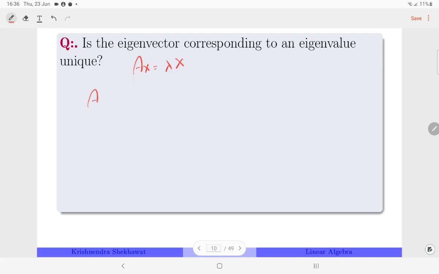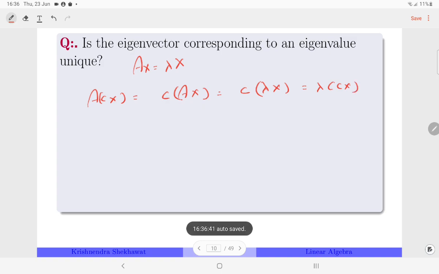Now if c is any real number, then you can see that A times cx is the same as c times Ax, because it's a scalar, it can come out, and Ax is lambda x, so this becomes c times lambda x, or I can write it as lambda cx.